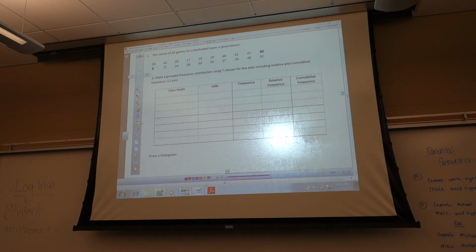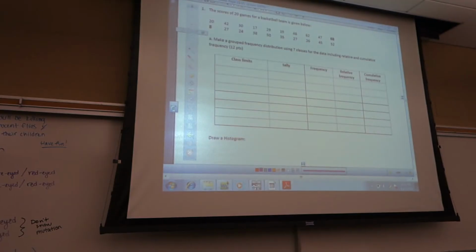So I want everybody to take 30 seconds and figure out what the class width should be. What's my class width? 10. Whenever possible, we want to pick a 10 or a 5 so that our data is clear and easy to read.